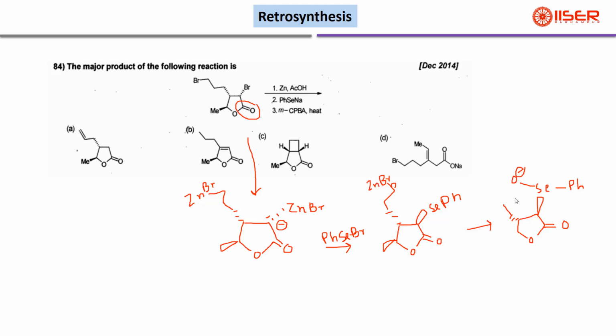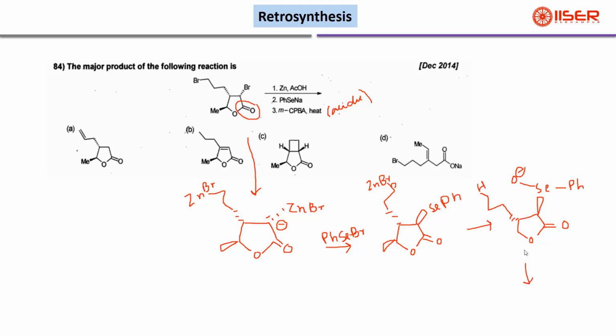Now when MCPBA is added, we know that MCPBA is a bit acidic because it is a peroxy acid with an acidic proton. So in presence of acid, this bromine will be protonated, while the selenium gets oxidized.